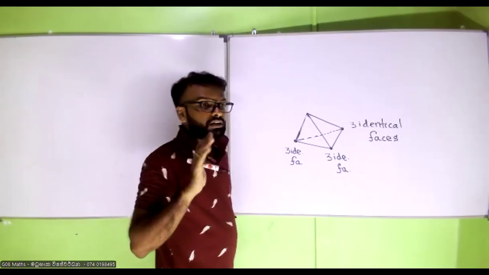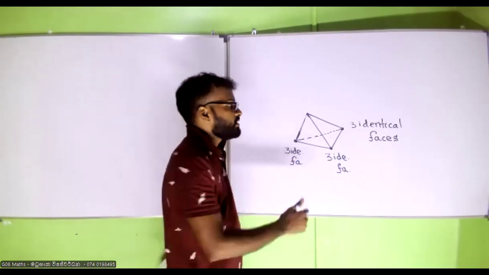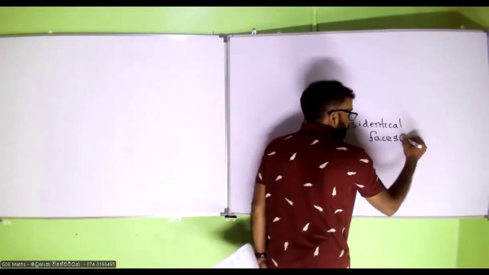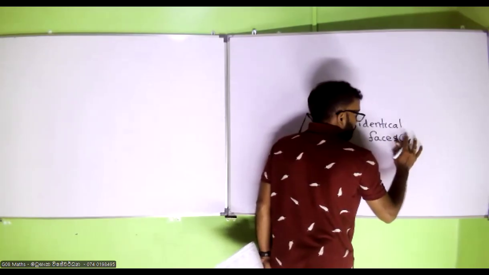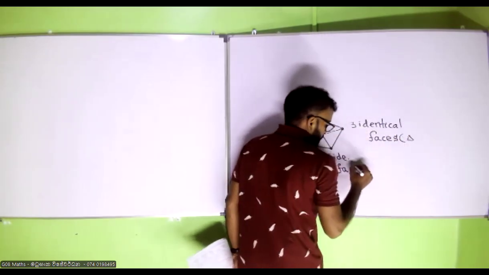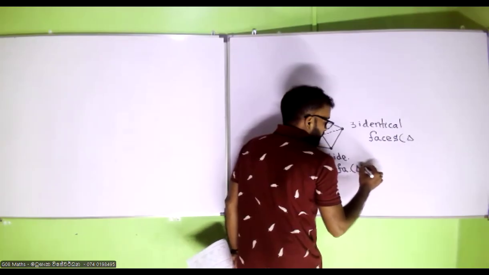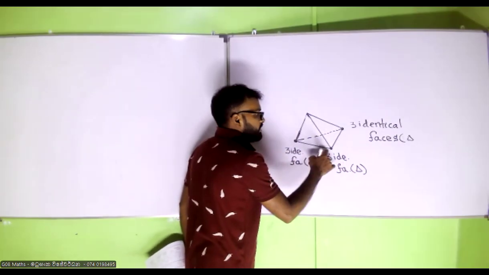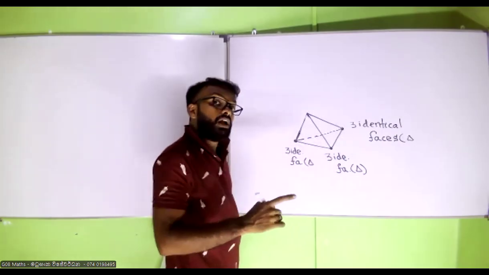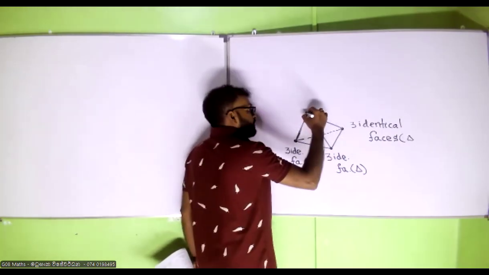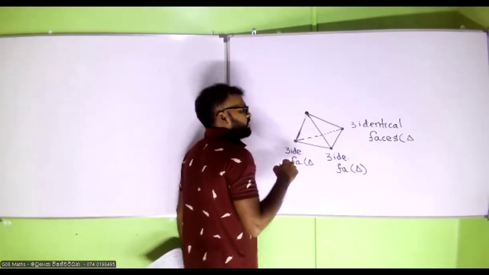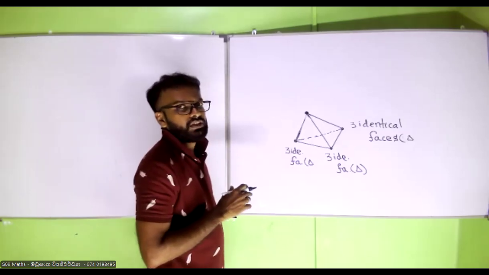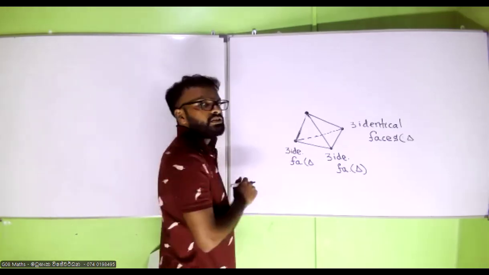You know what identical faces are? What is the shape of the identical faces? That is triangular. So 3 identical triangular faces meeting at this vertex. Let's check the top one. Now we are going to check how many identical triangular faces are meeting at this vertex.